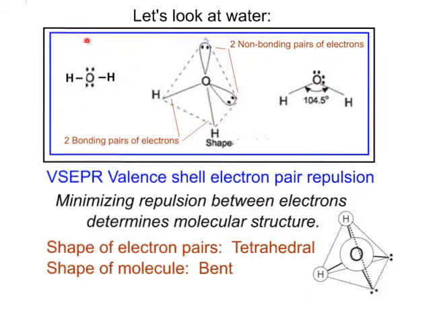Here we have the Lewis structure of water. Oxygen has two lone pairs of electrons, and here they are represented in its three-dimensional structure. It also has two bonded pairs. One is bonded to hydrogen and the other is bonded to another hydrogen.